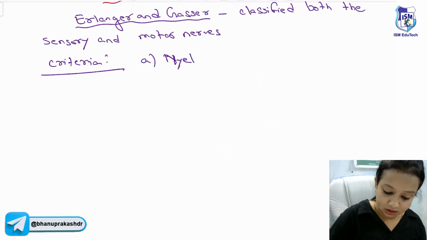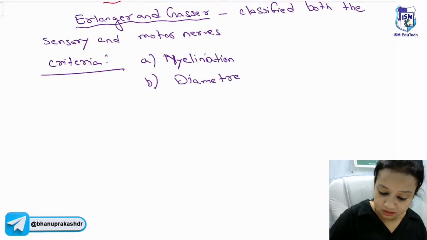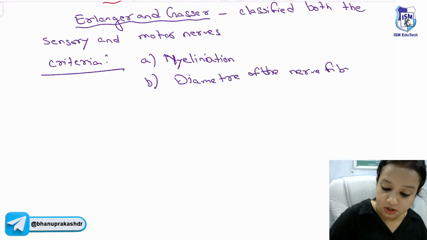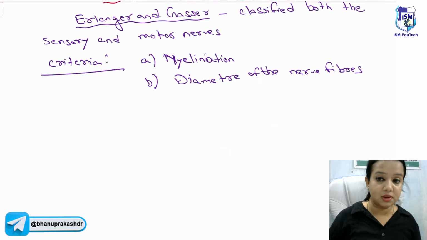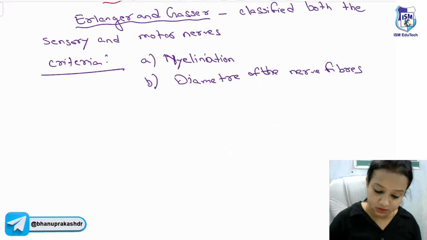Now, the criteria for this classification, according to Erlanger and Kaiser, are that they have taken into account the myelination, then the diameter of the nerve fibers, because both myelination and diameter are important in determining the velocity of conduction of the impulse.